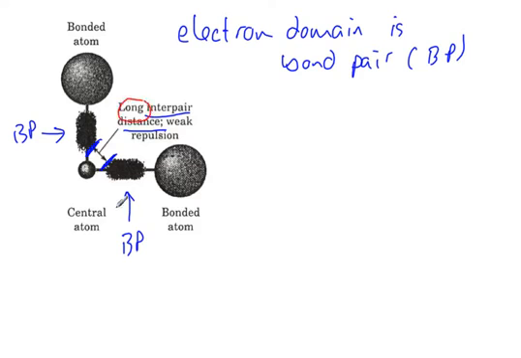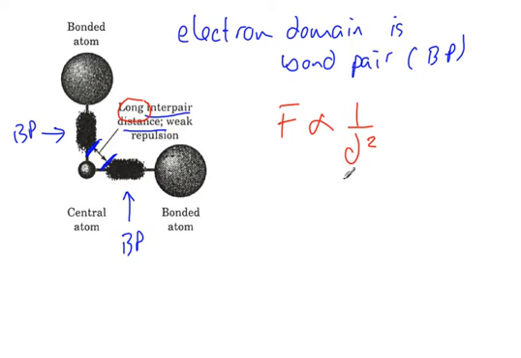And that's a relative term, but it is long because the electron domains, or the electrons, are being pulled away from the central atom in both cases. And when they're being pulled away in both cases, you're maximizing the distance between them. And so if you remember Coulomb's law, force is proportional to 1 over d squared. So we have a long interpair distance.